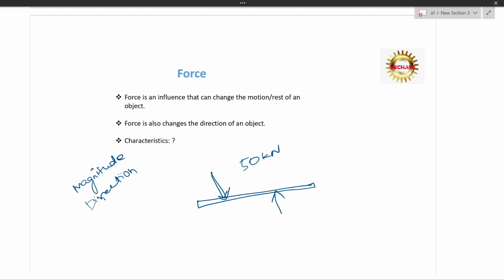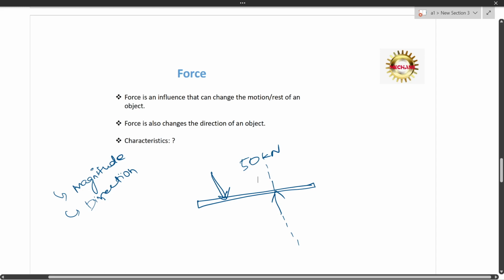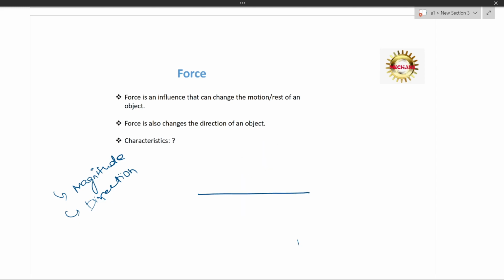So we have to define it with magnitude and direction, and also the line of action. What is a line of action? It's the angle in which the force is applied. Let me draw a new diagram. There is one beam. There's a difference between this force and this force.